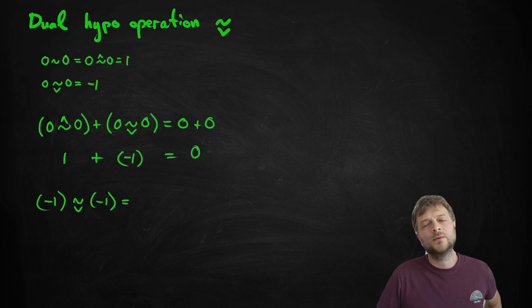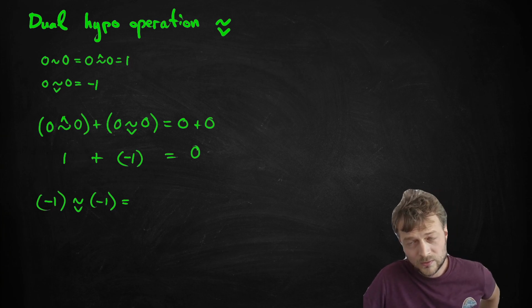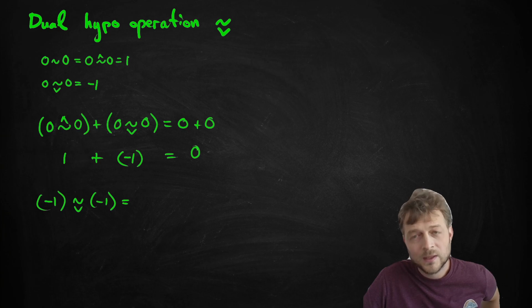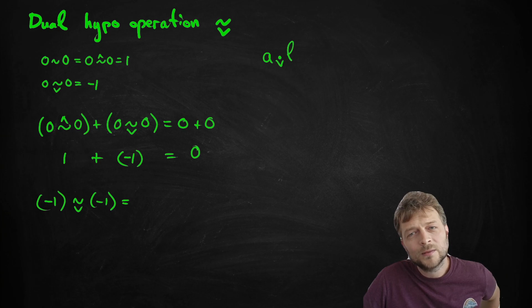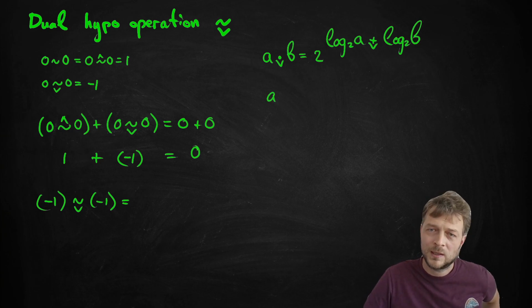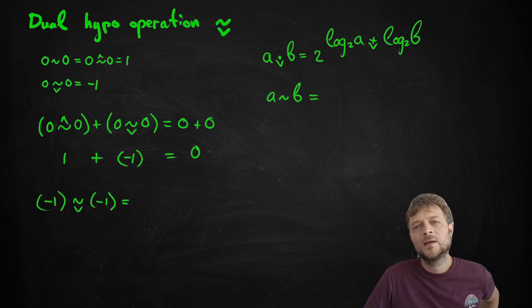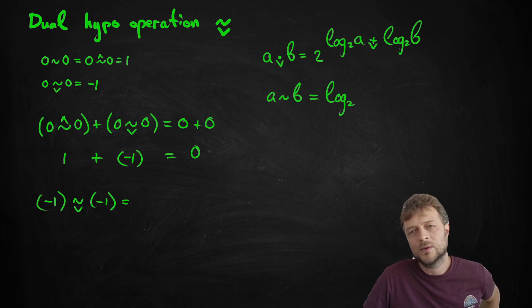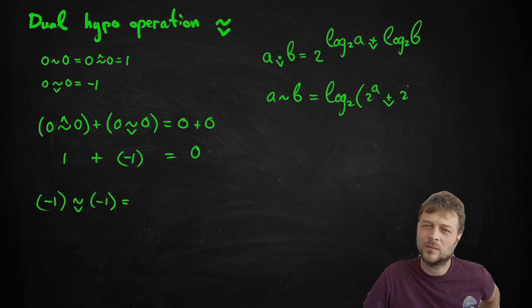It is equal to... So another thing that I want to mention, if you remember, when we defined a dual multiplication, what we did is that we took 2 to the power log 2a. We defined it in terms of dual plus. Here we can do the same. So a dual b, we can define it as log base 2 of 2 to the power a plus 2 to the power b.